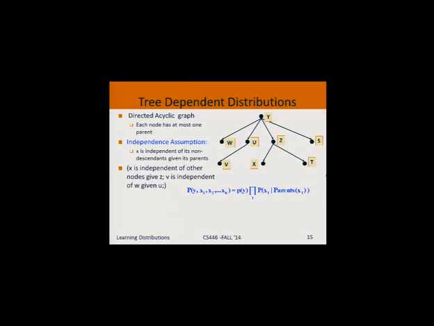We're going to work on tree distributions. So it's a Bayes net, but it's a tree, which means that the independence assumption becomes simpler. X is independent of its non-descendants given parents really means that a variable is independent of anything else given its parent.